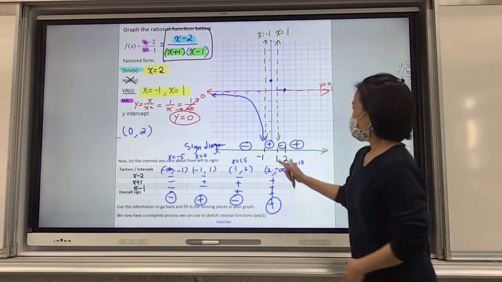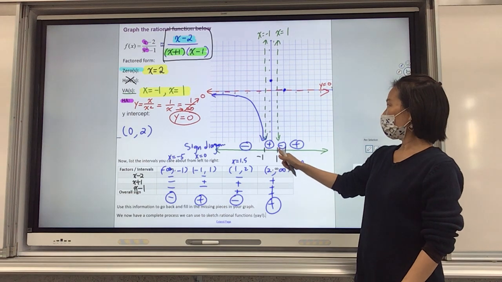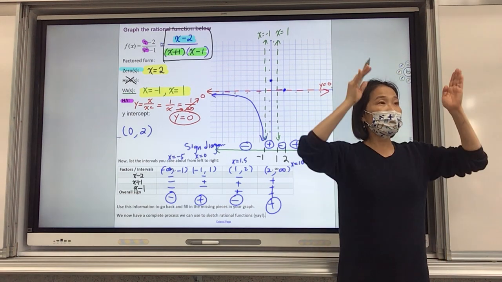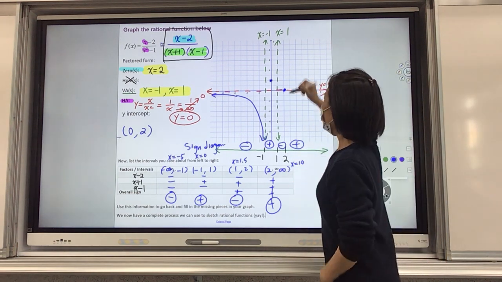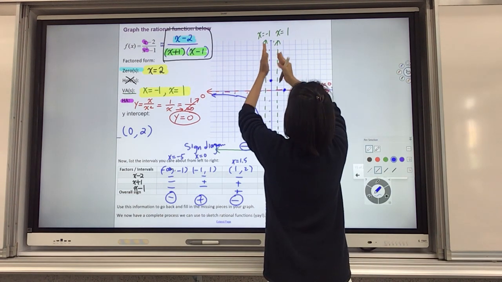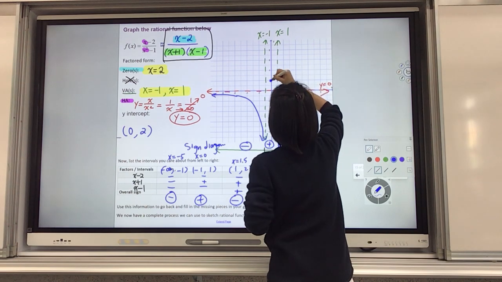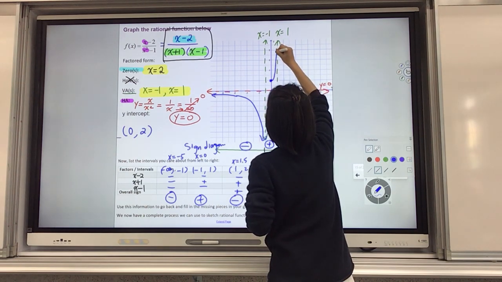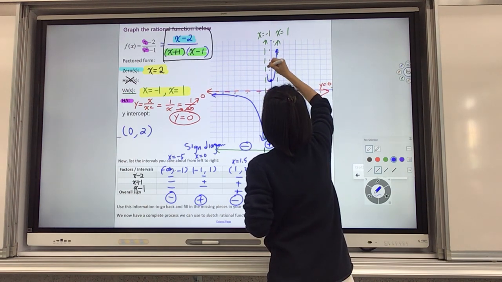The middle section, from negative 1 to 1, should be all positive y values. And I already have 2 here. These are my walls. I cannot cross them. So the only way to go is up.